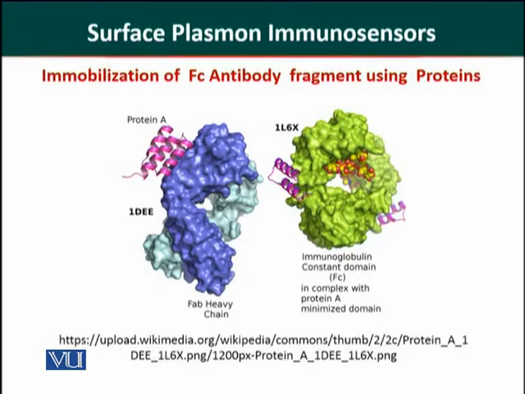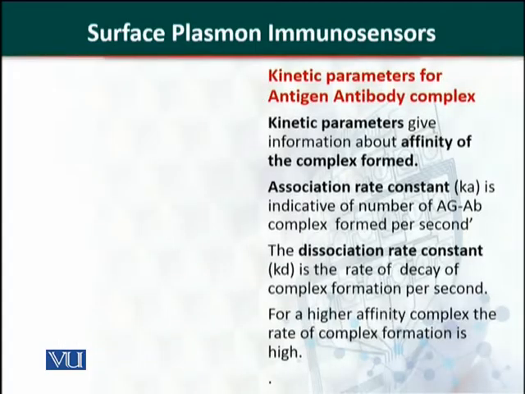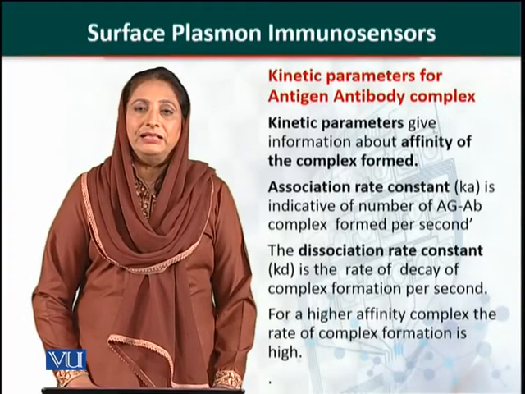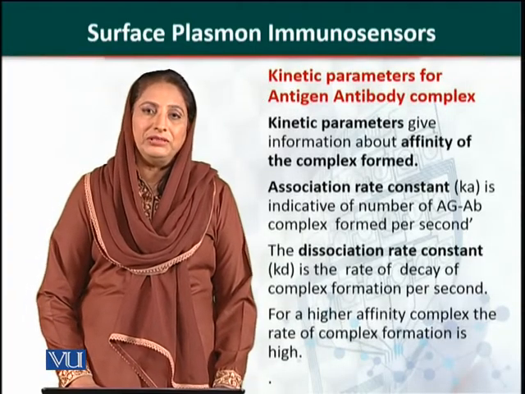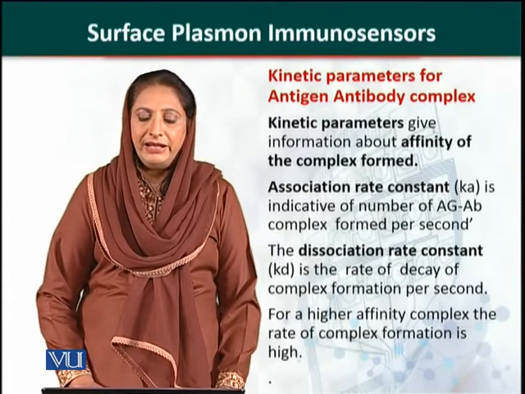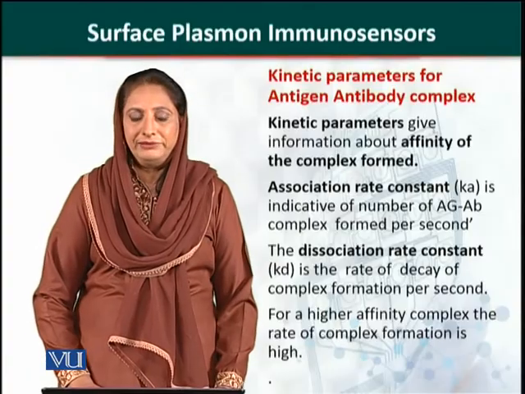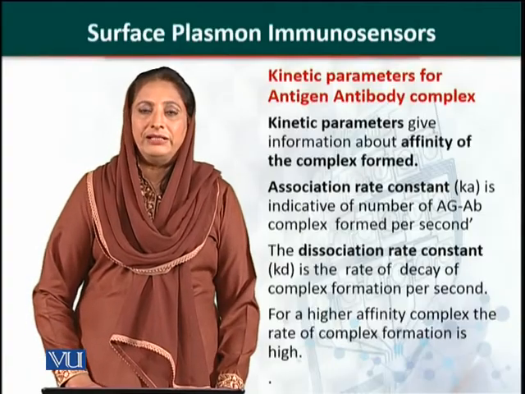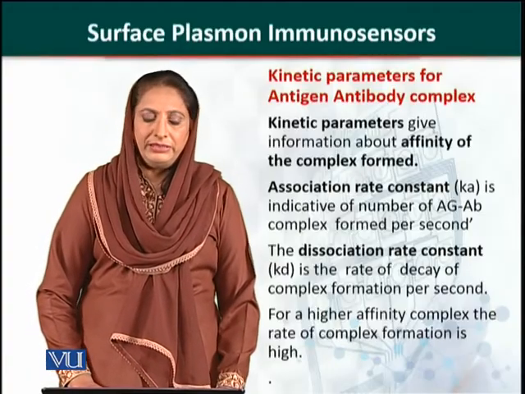Now, the other important thing in the surface plasmon resonance is the kinetic parameters for the antigen and antibody complex. There are two types of kinetic parameters which we should take care of.